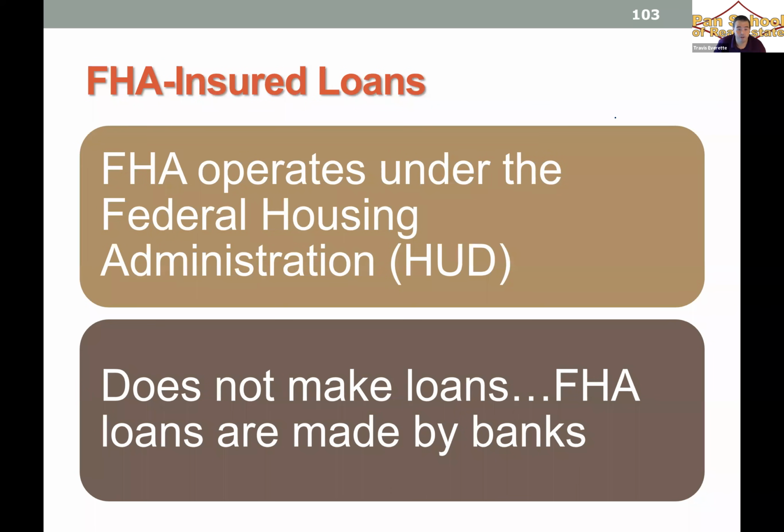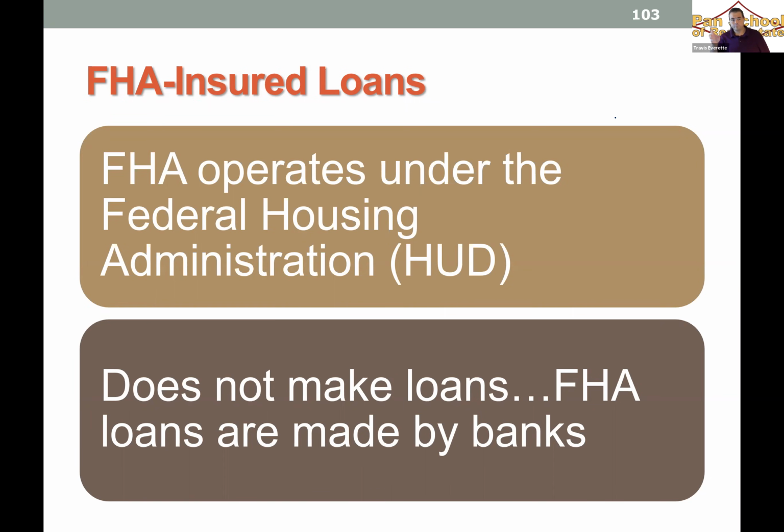You would go to Bank of America. You go to SunTrust. You go to BB&T. Oh, got you. And they would make you the loan. And then they would sell that loan to Ginnie Mae, who would then turn around and sell it to Fannie Mae. But there's no direct interface between the borrower and the government. Does that make sense now? Yes. Okay.